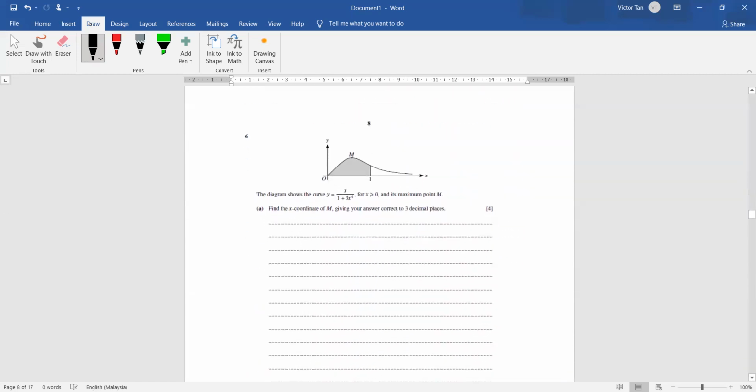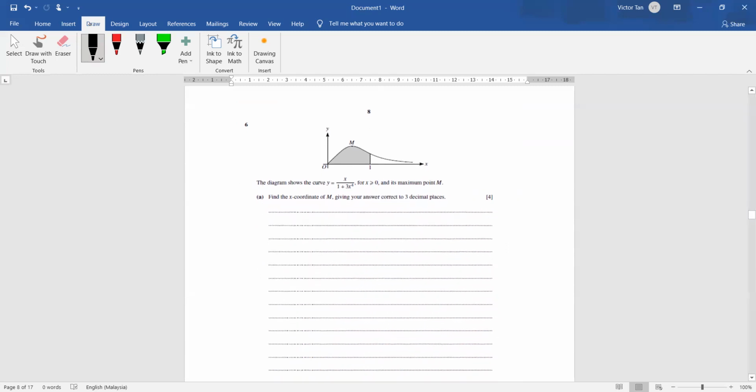The diagram shows a curve y equals x over 1 plus 3x to the power 4, for x larger than or equal to 0, and its maximum point is M. Find the x coordinate of M, giving the answer correct to 3 decimal places. Now again, finding the maximum, you need to differentiate.